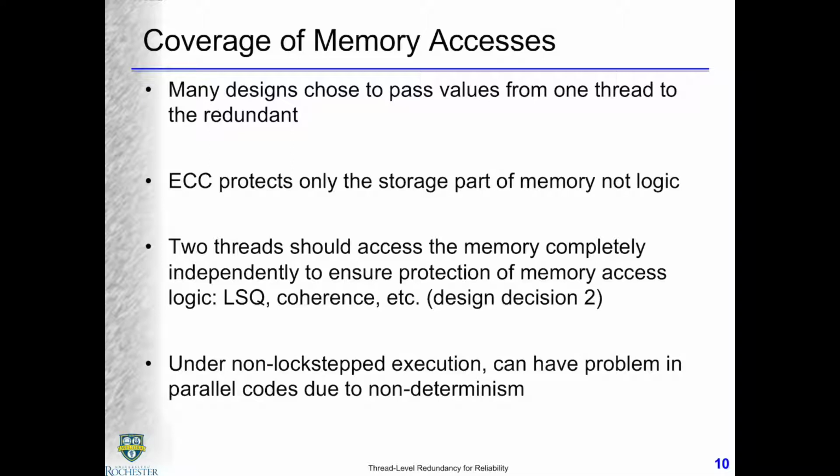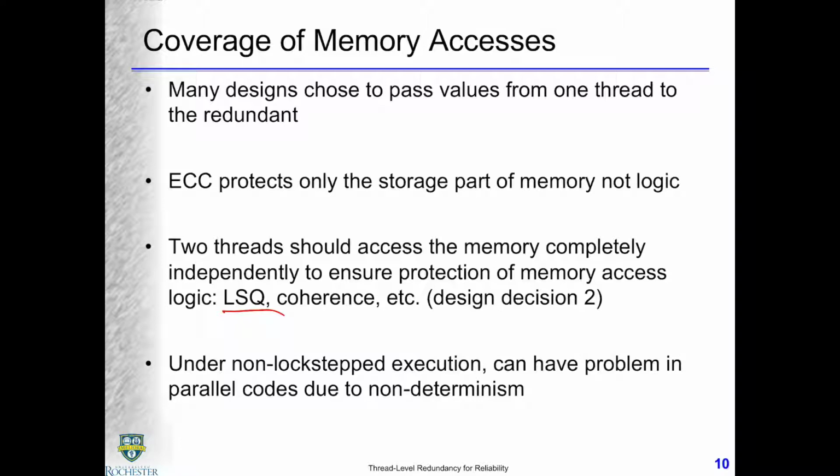There are lots of memory elements, caches, tables, and queues inside. The real core processing components are really small in area. And before you say, oh no, we don't have to worry about it, ECC protects them. Well, yes, it protects the pure storage. It doesn't protect the logic. So if I have an LSQ, the LSQ contains storage and the corresponding logic.